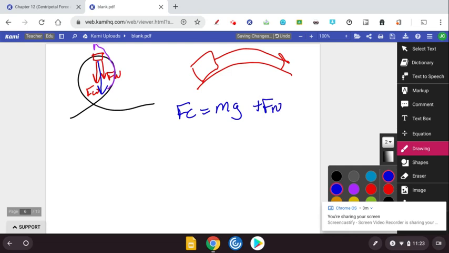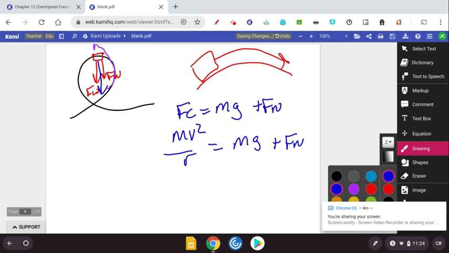Or in other words, what we find is that mv squared over r is going to equal mg plus the normal force. And that normal force is going to be what your apparent weight is going to be equal to.